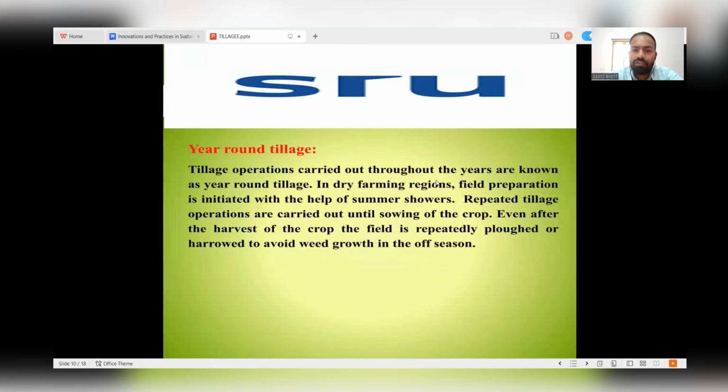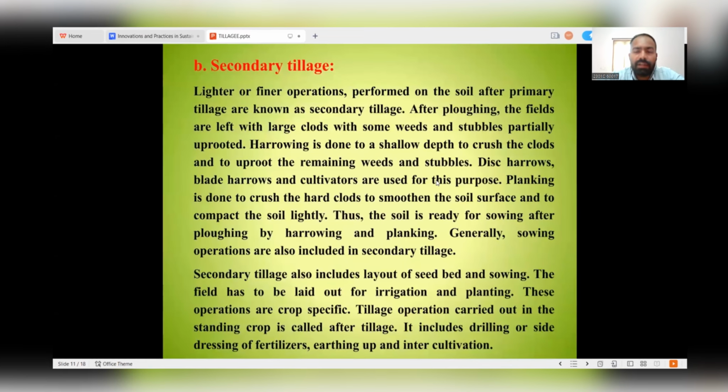Even after the harvest of the crop, the field is repeatedly plowed or harrowed to avoid weed growth in the off-season. So in year-round tillage we carry out repeated plowing and tillage operations. Why? Because in summer the soil will be exposed, and unwanted plants and weeds will be avoided in the field.